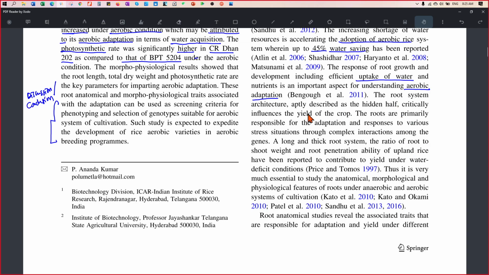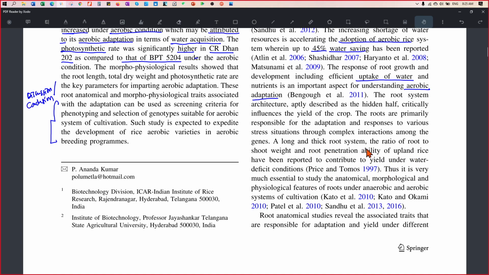Okay, the root system architecture, aptly described as the hidden half, critically influences the yield of the crop. The roots are primarily responsible for the adaptation and responses to various stress situations through complex interaction among the genes. A long and thick root system, the ratio of root to shoot weight, and root penetration ability of upland rice have been reported to contribute to yield under water deficient condition.